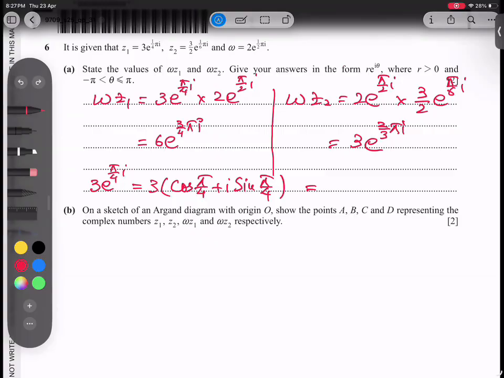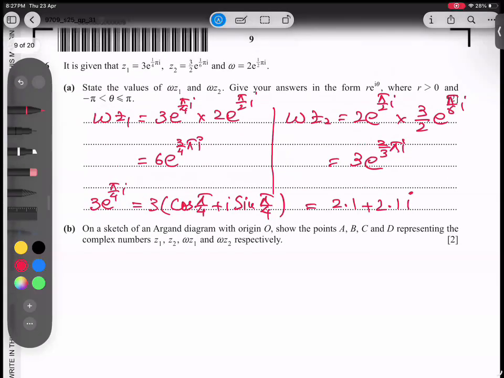Basically, it's coming root 2 by 2. So 3 times 2 root 2 divided by 2, I'm getting approximately 2.1. And when I multiply with this, one time I will type in the calculator 3 cos pi by 4, and one time I'll type 3 sin pi by 4. So luckily the same value is coming: 2.1 i. So this is one example.